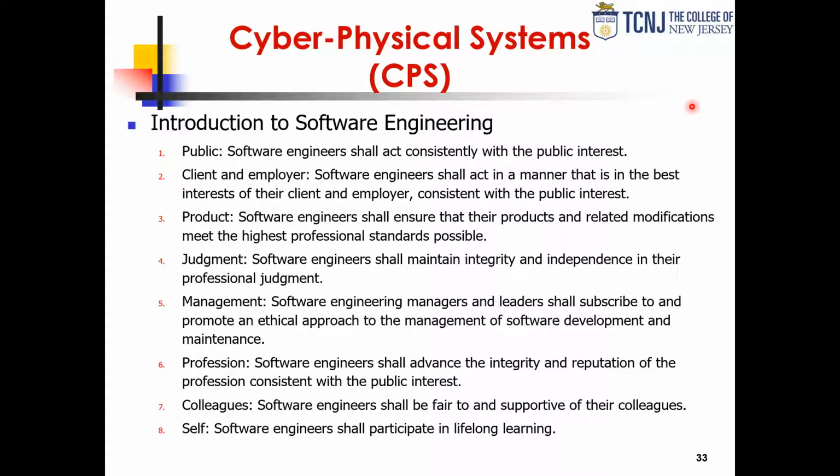In terms of product, software engineers shall ensure that their products and related modifications meet the highest professional standards possible. So that's the professionalism angle there. Judgment. Software engineers shall maintain integrity and independence in their professional judgment. That's a big part of being ethical, to have to make the tough decisions for something that is right on its own merit.